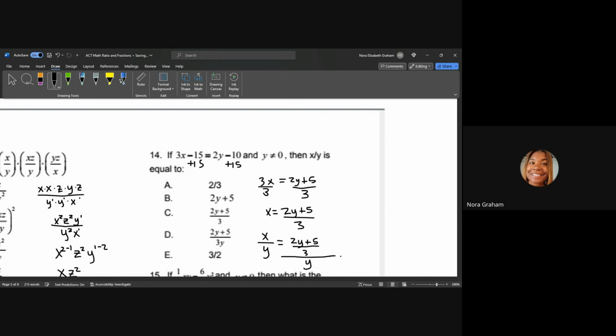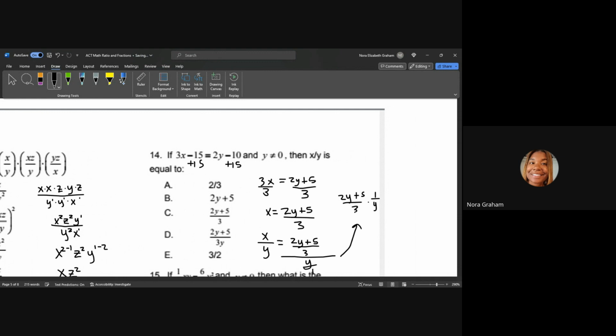All right, so I simplify that down more. Remember, I can write this as a fraction as well. And so these are two fractions being divided. So I change the sign to multiplication, and I flip the second fraction. So I have (2y plus 5) over 3 times 1 over y.